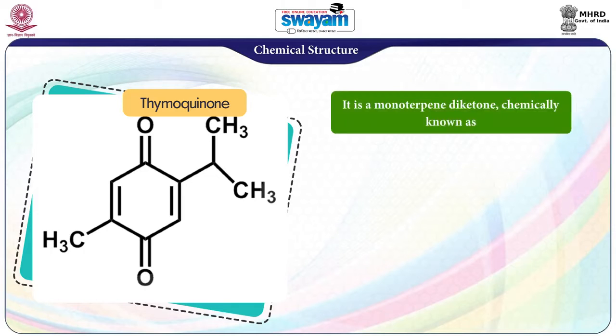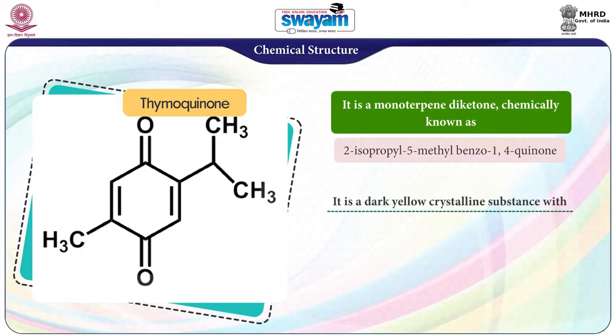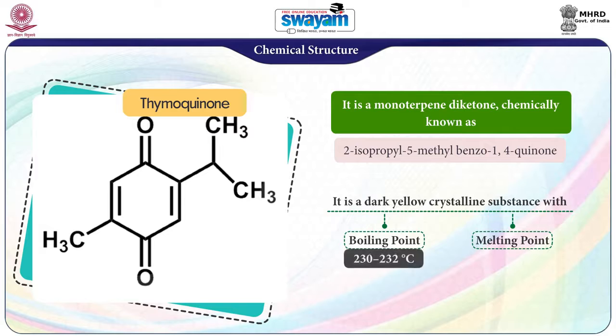Thymoquinone is a monoterpene dication chemically known as 2-isopropyl 5-methyl benzo 1,4-quinone. It is a dark yellow crystalline substance with a boiling point and melting point of 230 to 232 degrees centigrade and 44 to 45 degrees centigrade respectively.